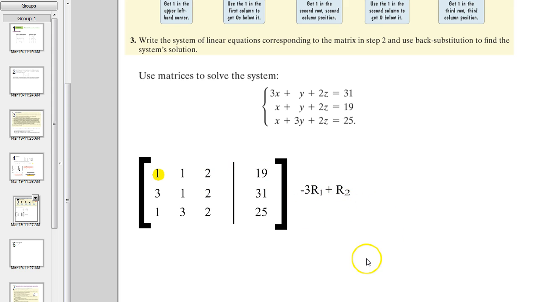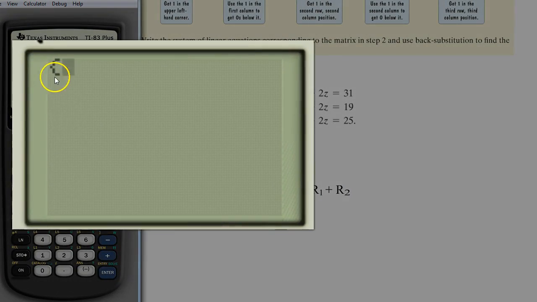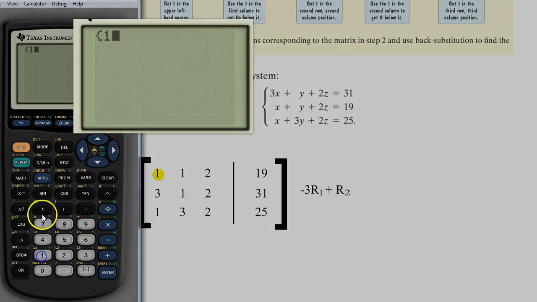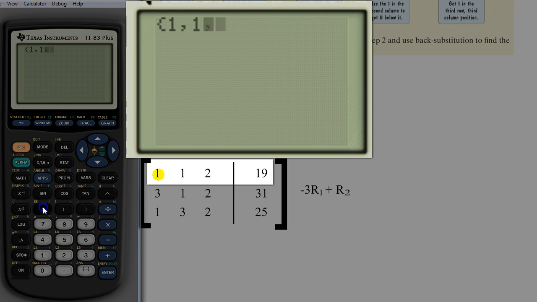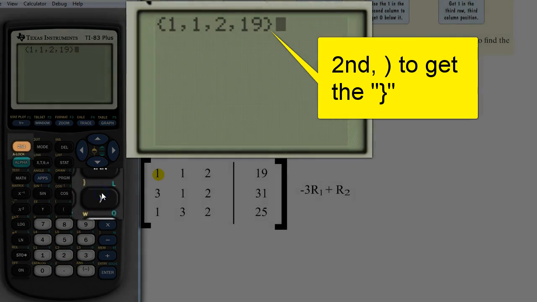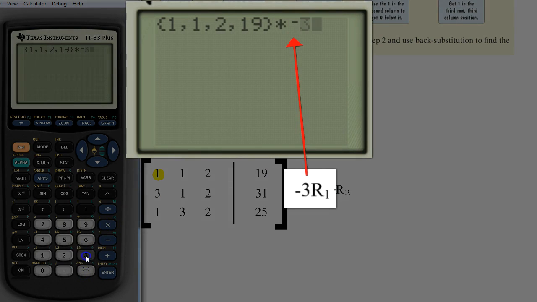Now I'm going to show you how your calculator can help with this. On your calculator you can press second parentheses and it creates a little set bracket. Then you can type in this top row, 1, 1, 2, 19. You can take that top row, and that's what we're going to multiply by -3. So times -3.